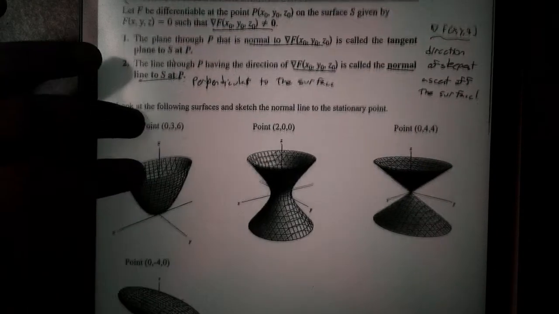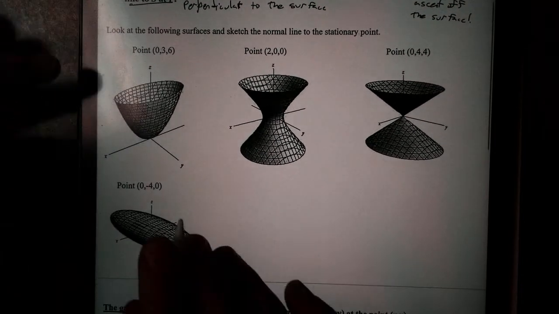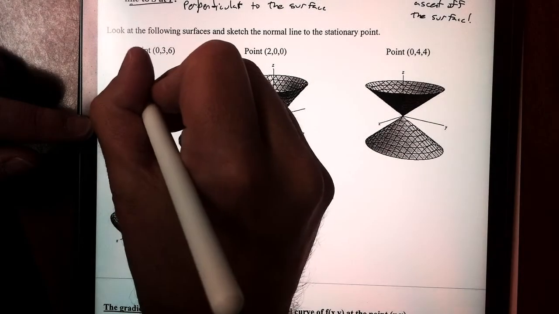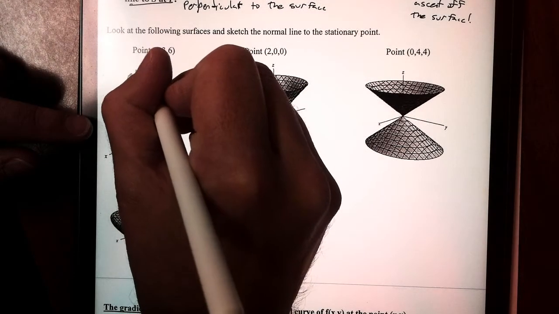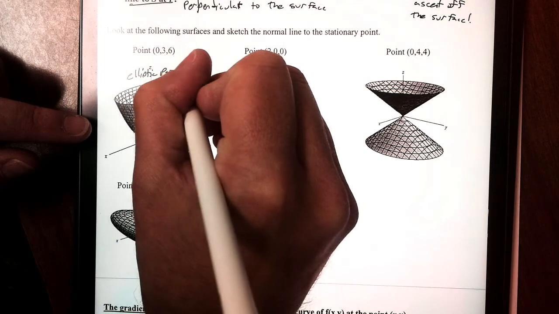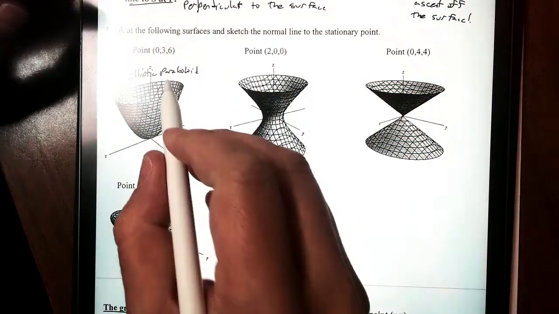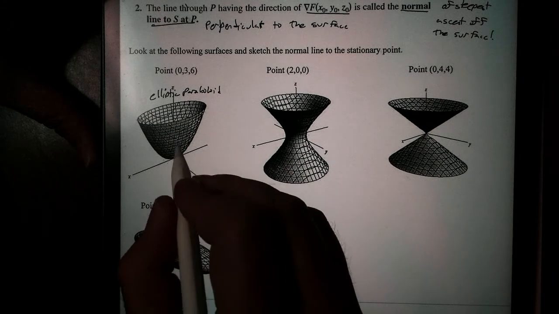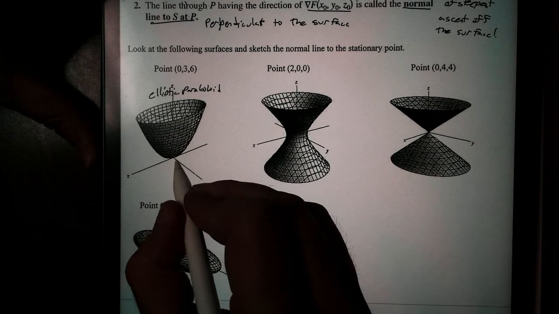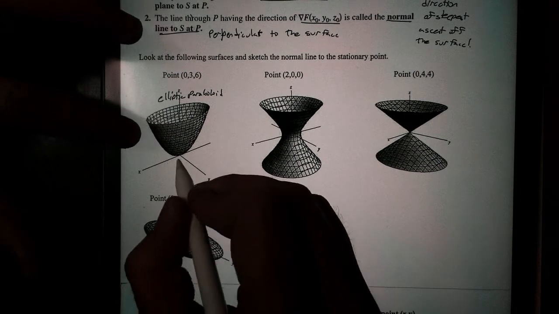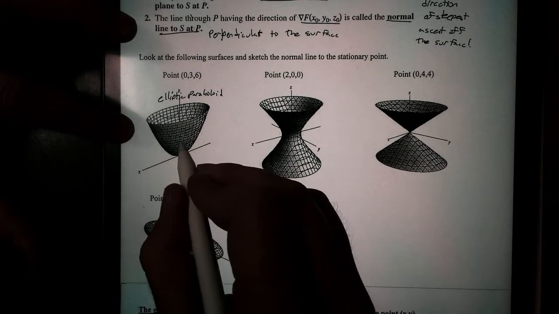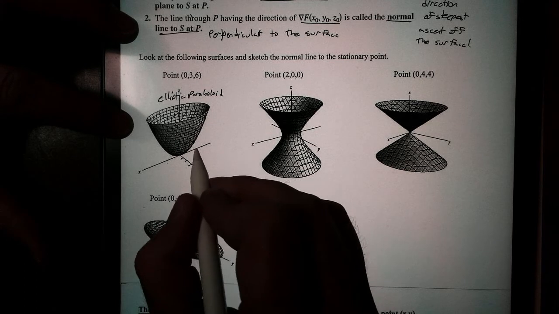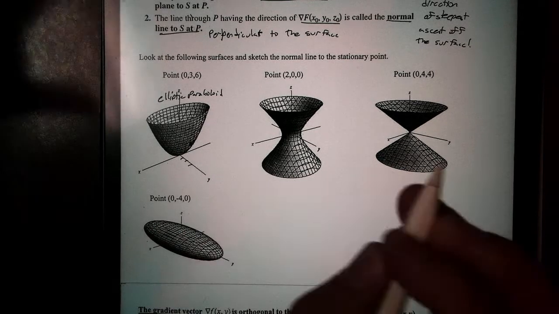So we have a few surfaces down here. And of course, the first one is our elliptic paraboloid. And they're saying at the point 0, 3, 6, so 0 on the y-axis, go over 3, 1, 2, 3, and up 6 on the z-axis, we will be at some point right here.